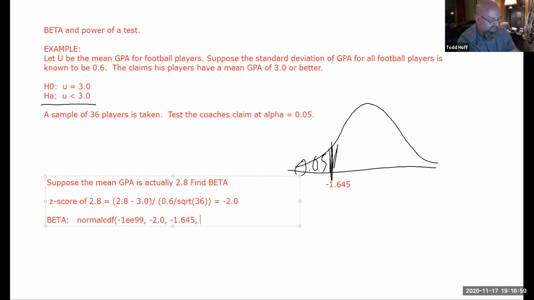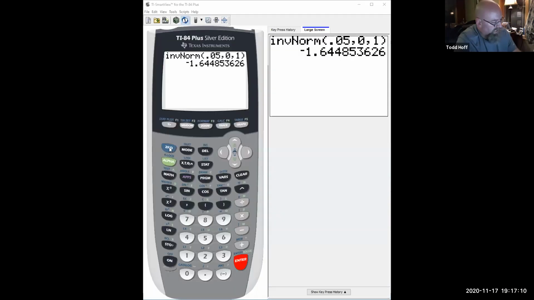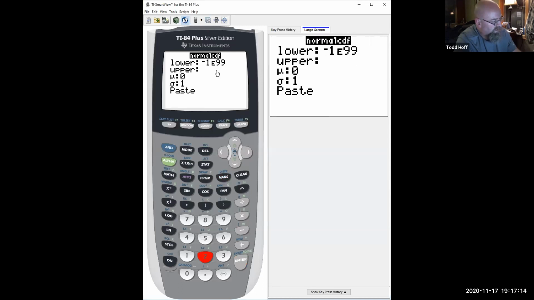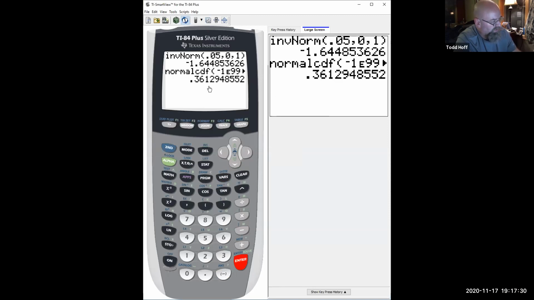We still use a standard deviation of 1 like we would with a standard normal distribution. So we're going to do second distribution, normal CDF from negative infinity, that's already entered in there, to negative 2. For our mean, we're going to do negative 1.645, and we're going to keep our standard deviation at 1. We get 0.3613.